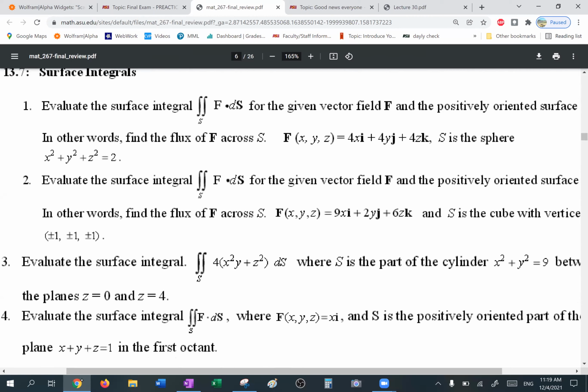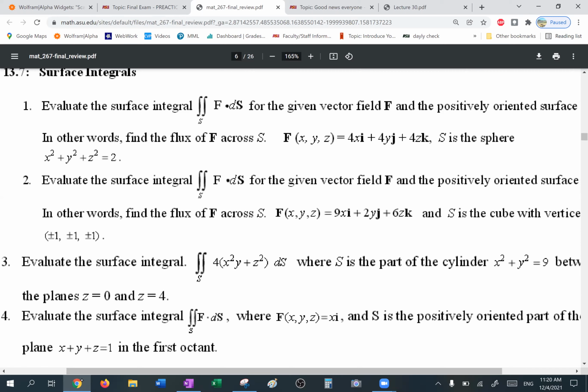And you have solutions for these. Surface integrals, parametrization. I will try to give you parametrization, but you still should review that. It's possible at least once I have to ask you to parameterize yourself.